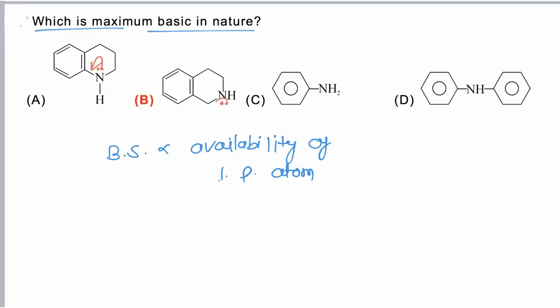While in option B, the nitrogen lone pair is not involved in resonance. In option C, again the nitrogen lone pair is involved in resonance. In option D, the lone pair is involved on both sides of the benzene ring. So B is most basic because its lone pair is not involved in resonance, and hence the correct answer is B.